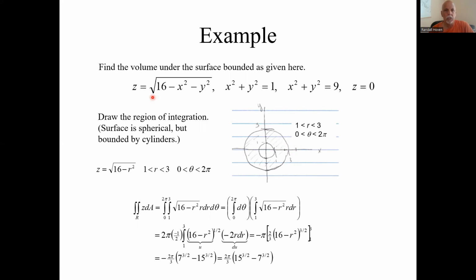And by the way, what's the integrand? x squared plus y squared is r squared, so it's 16 minus r squared. That's the integrand. Then the extra r, r dr d theta, is the dA. dA is the generic area, however you come up with it. In the limits, r goes from 1 to 3, and the angle goes from 0 to 2 pi.